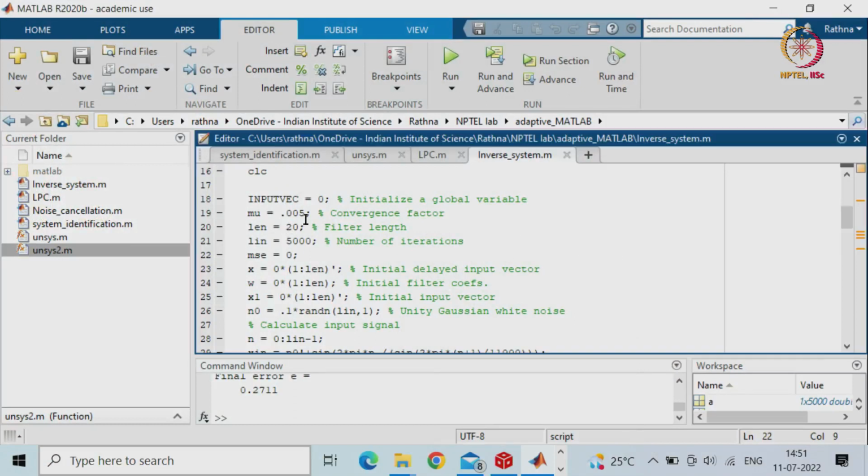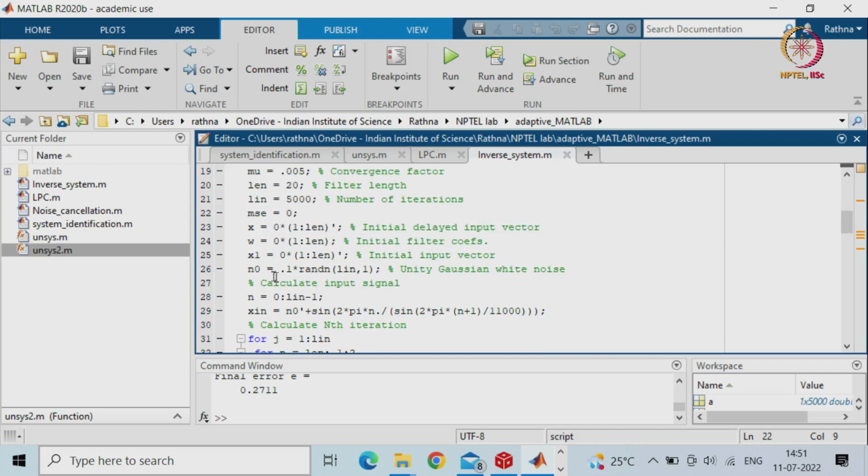Here mu is chosen as 0.005, the length of the filter is 20, and the number of iterations is 5000 in this case. You will see the initial input vector, and this is a Gaussian white noise that has been added to our signal.